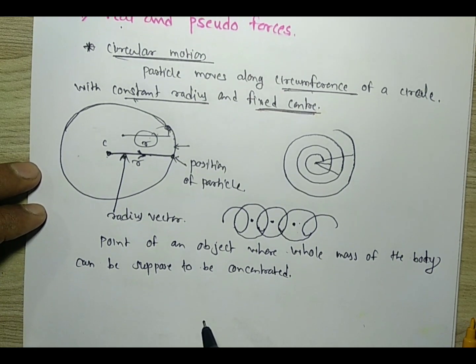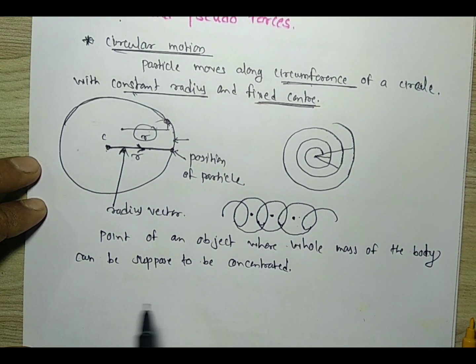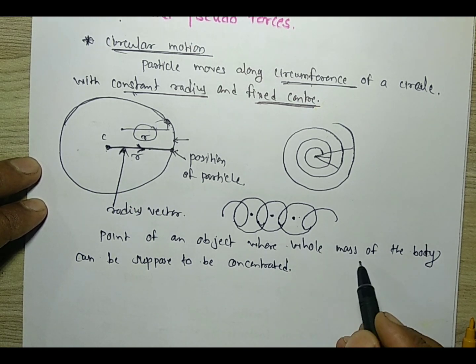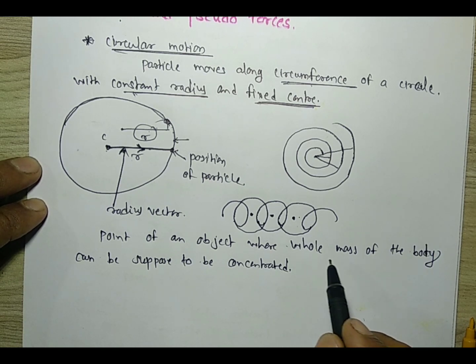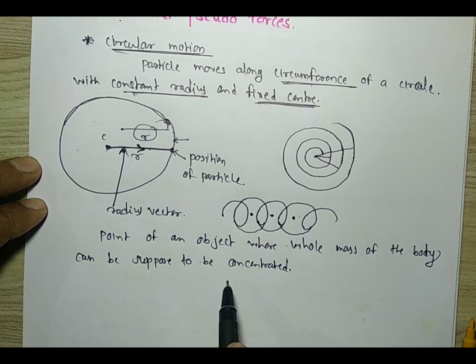That means this is the point in the body where all the mass of the body can be supposed to be concentrated. Whole mass means you can consider the object as having its whole mass supposed to be concentrated at one point.